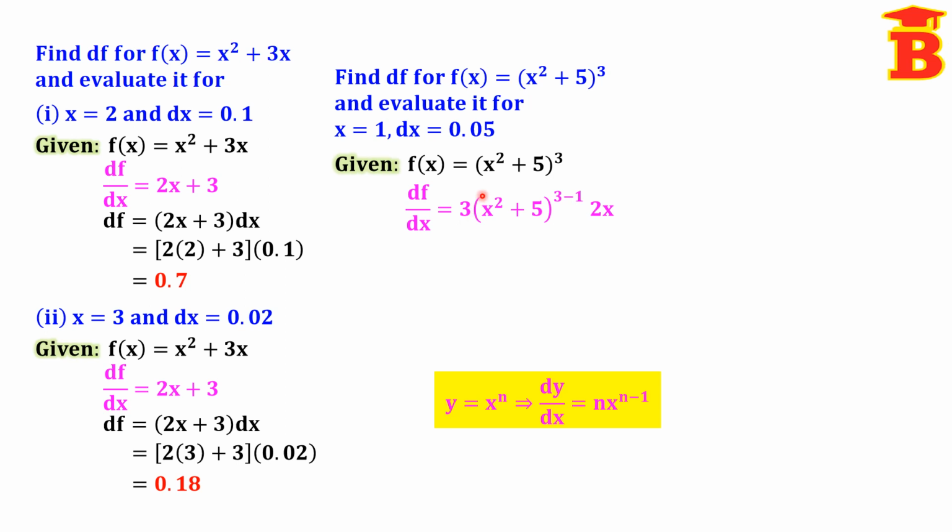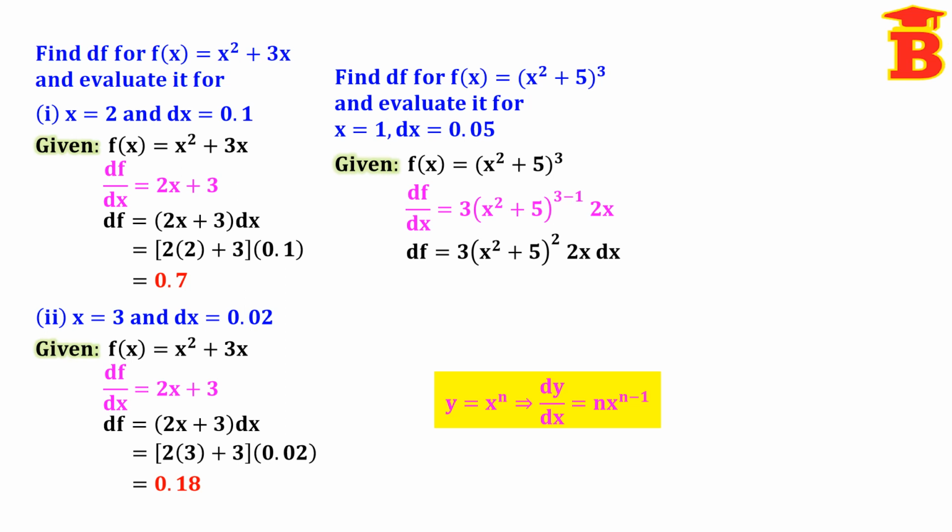So 3 into this bracket whole power 3 minus 1 into again differentiate this bracket. Differentiating this bracket, x square differentiation 2x plus constant differentiation 0. Now next step, just cross multiply dx. So df equal to 3 into bracket square into 2x. Cross multiplying this, we get dx.